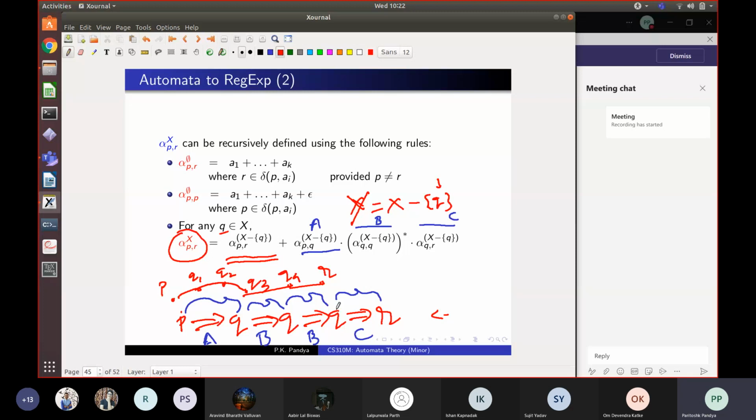And finally, from the last time you visited q, you go to R without visiting q in between. That is given by this expression. So after this plus, this second term gives you all the ways of going from P to R via q.